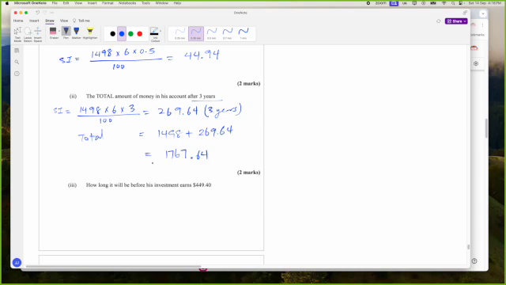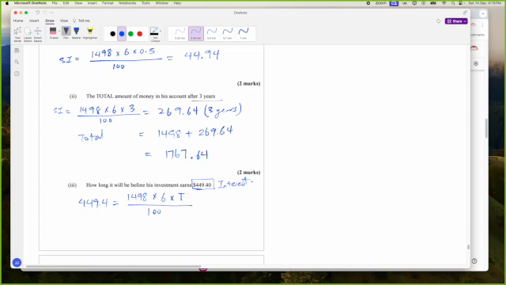How long will it be before his investment earns this amount? Well, this amount would be the interest. So the simple interest is this, 449.4. Simple interest is principal 1498 times the rate, which is 6, times the time, which is what we want to know, over 100.